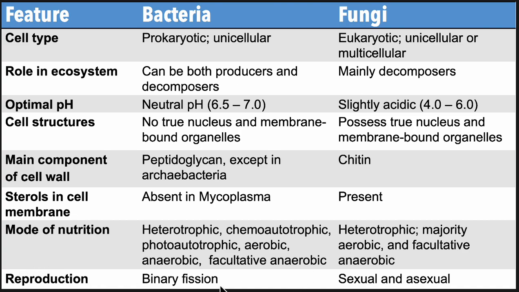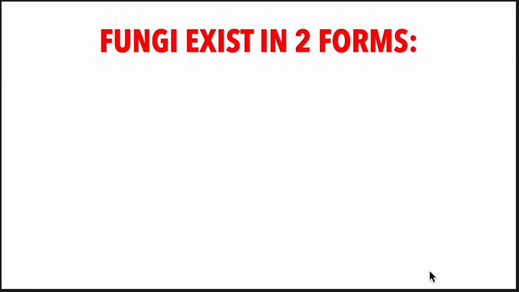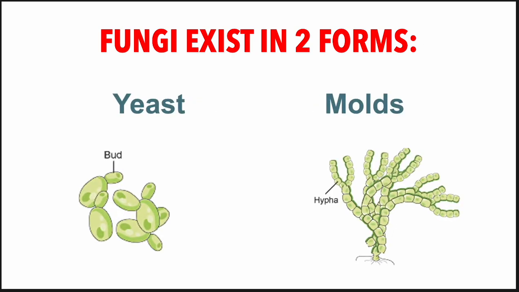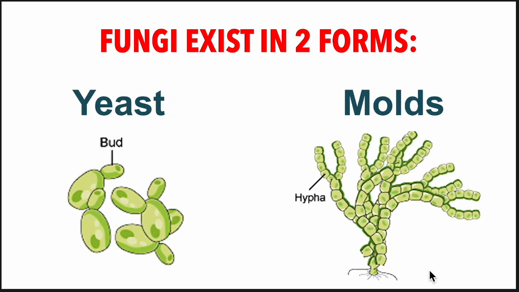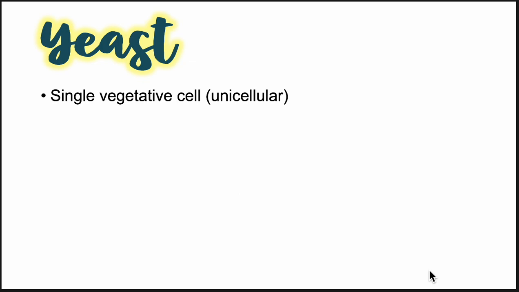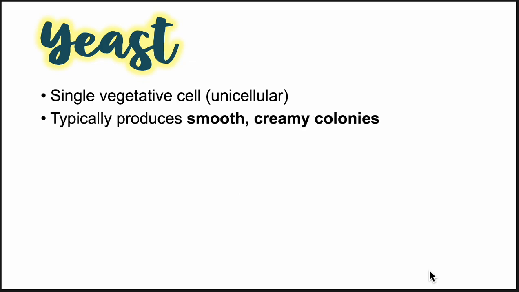For reproduction, bacteria or prokaryotes reproduce through binary fission. For fungi, it is either sexual or asexual, mitosis or meiosis. Another thing, fungi exist in two forms: they can be yeasts or they can be molds. Those are the general forms of fungi. So what is a yeast? This is a single vegetative cell, which is unicellular.